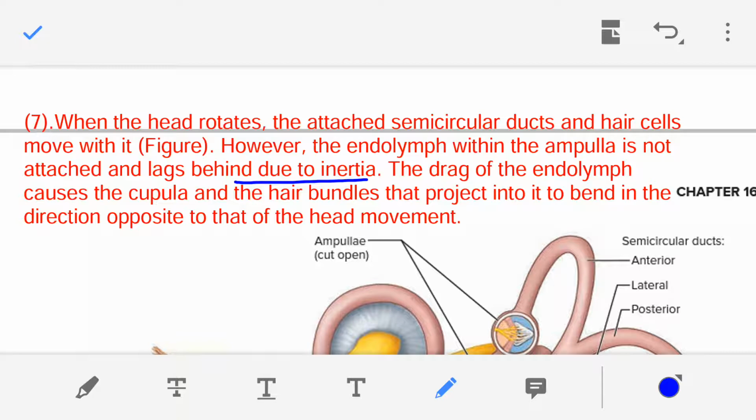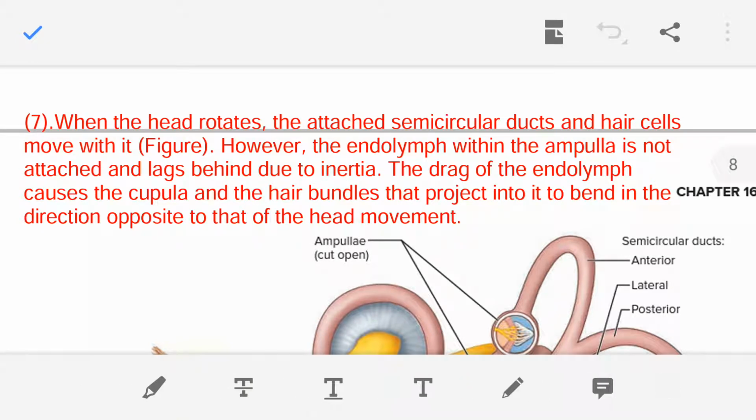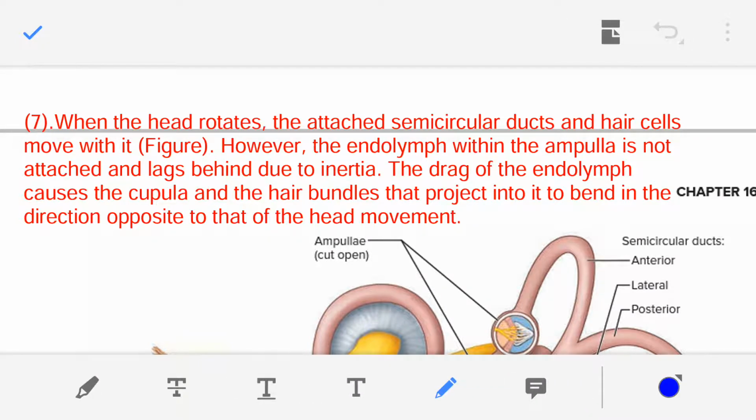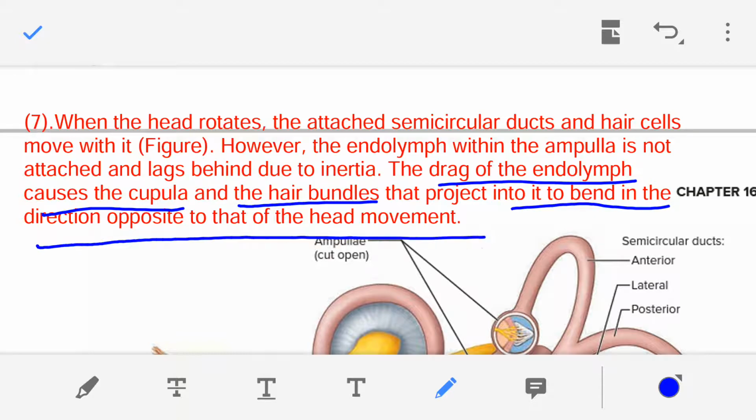Now as the endolymph is dragging, this drag of the endolymph causes the cupula and the hair bundle that project into it to bend in the direction opposite to that of the head movement.